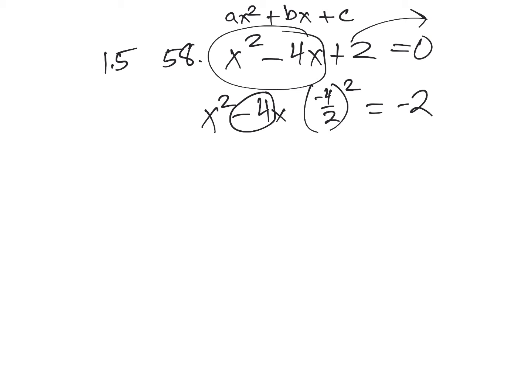What happens when you square a negative? It becomes positive, right? So you're going to add b over 2 squared to both sides. You can't just add it to one side, so you have to add it to both sides.